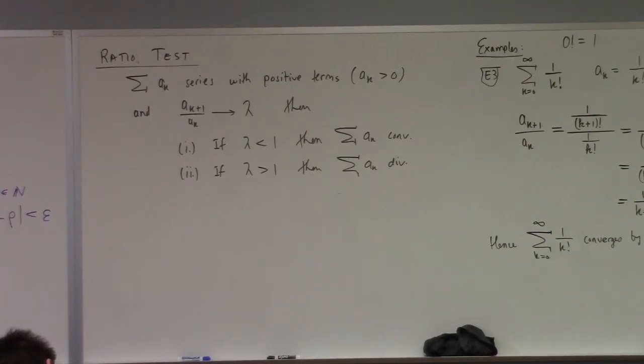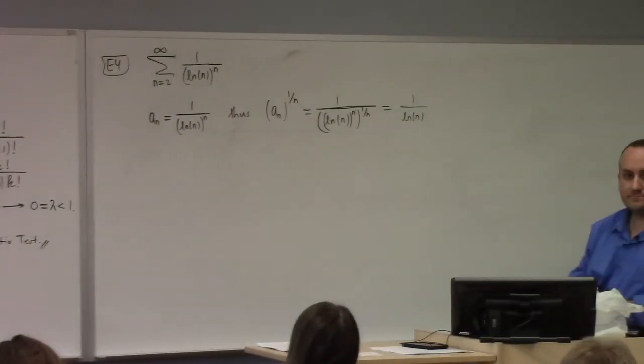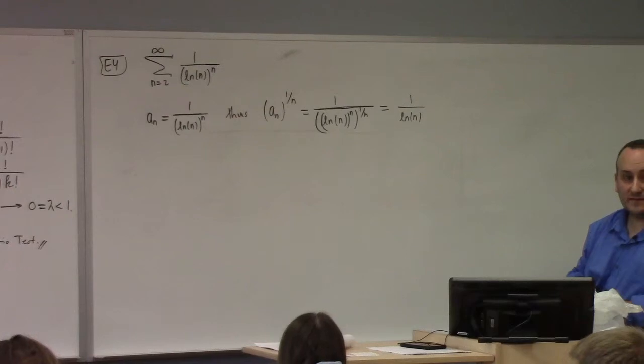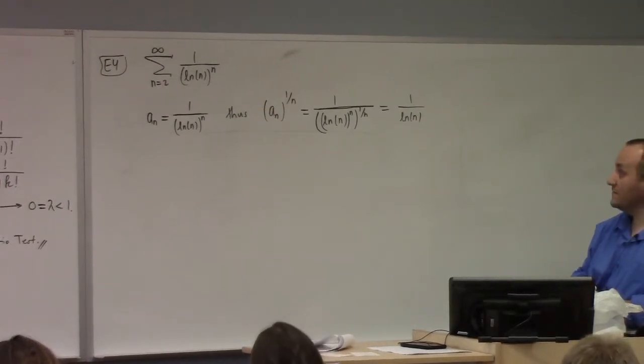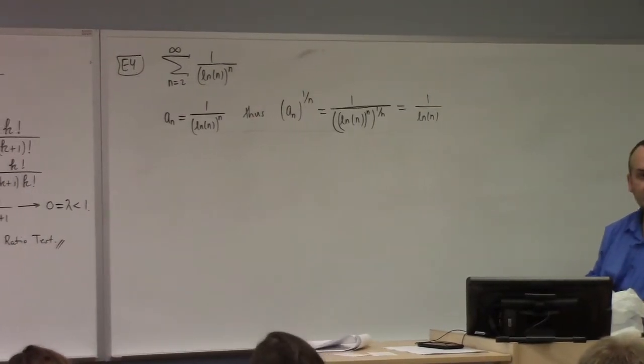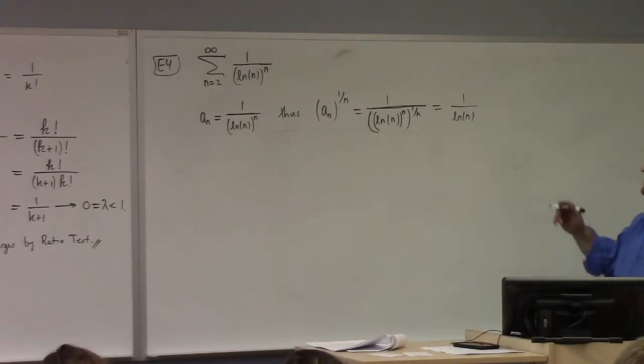So they just leave you 1 over log n. What happens as n goes to infinity of 1 over log n? Yes, log n goes to infinity, so what happens with 1 over log n then? It goes to 0, right?